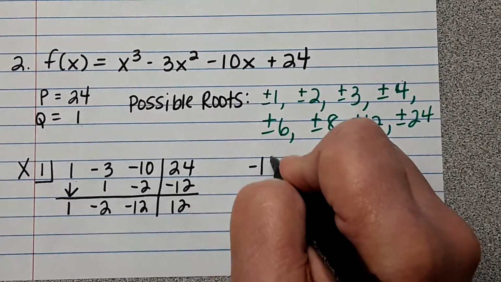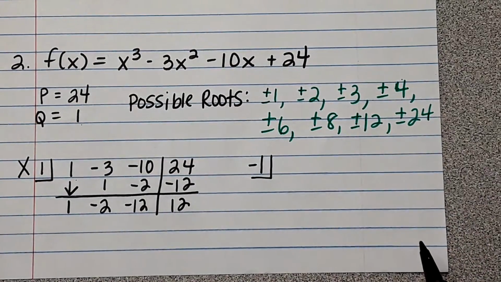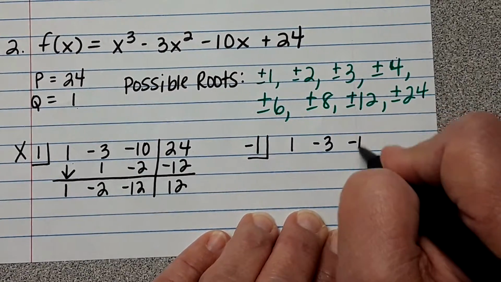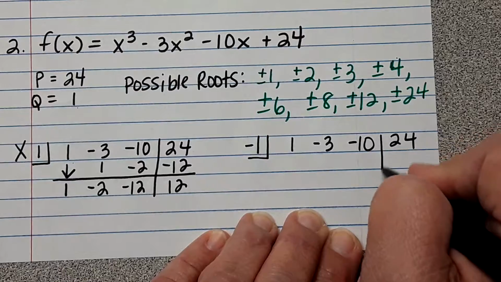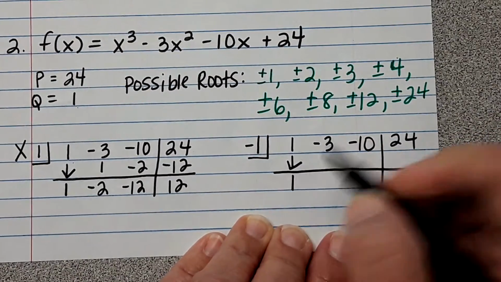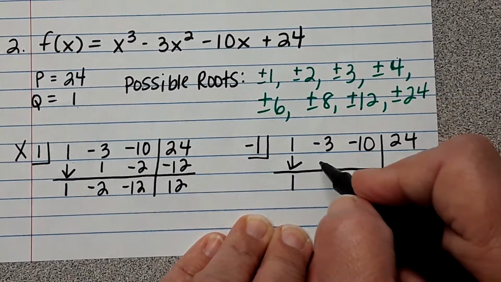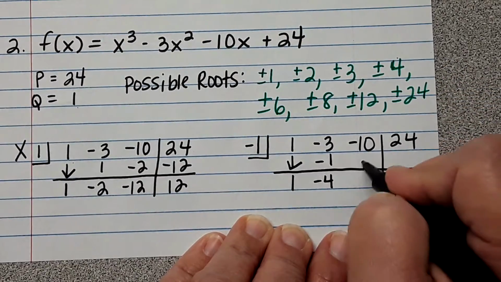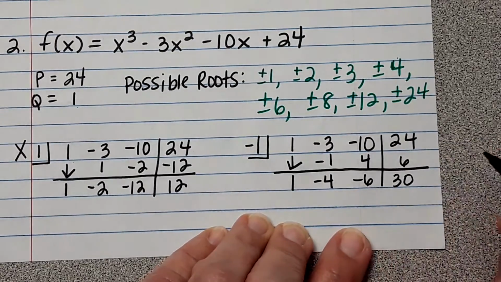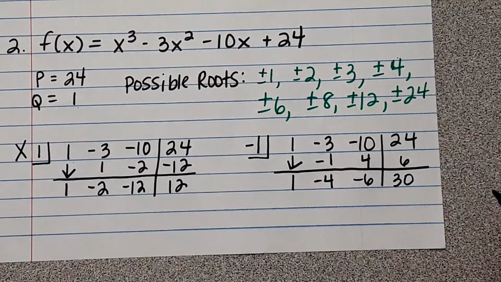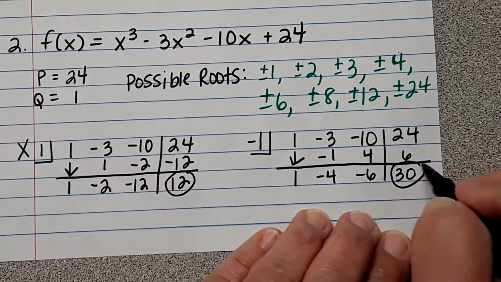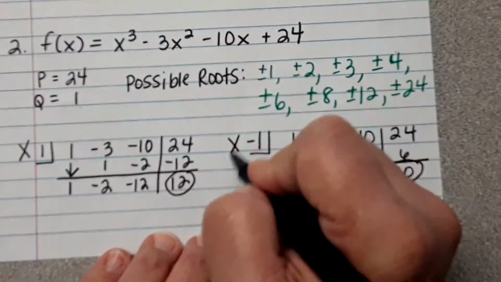I'm going to test -1 because we don't know our roots yet, right? So 1, -3, -10, 24. Once you find your roots, it's easy. So we're just going to test it again. Is -1 a root? Is that 0? Then -1 is not a root.